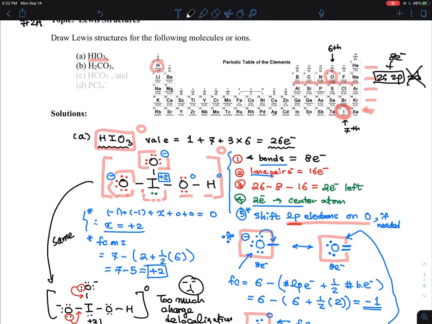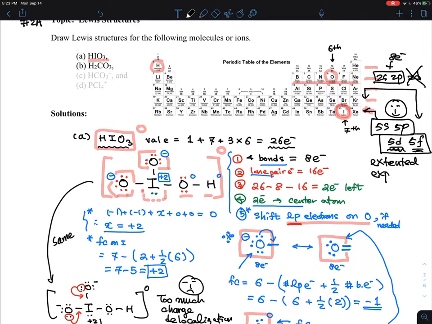But this is the fifth row, so therefore 5s, 5p, that's for sure, but 5d, 5f, there is more room that this one can accommodate. Still, the octet rule is the one, but they can have a little expanded, more electrons that can be accommodated because of the expanded octet rule. Anything with a third row and higher can have an extended, or sometimes people call it expanded, octet rule.